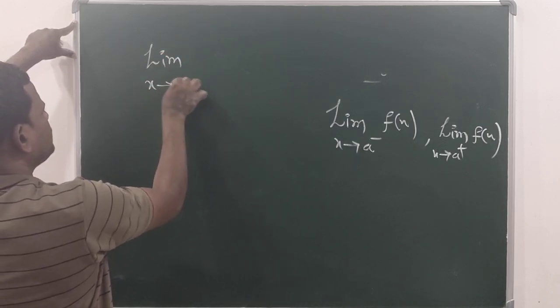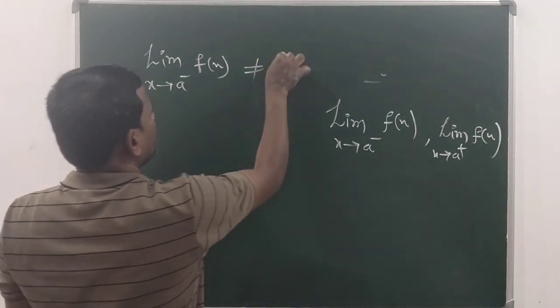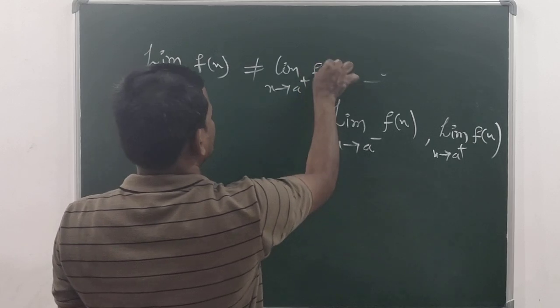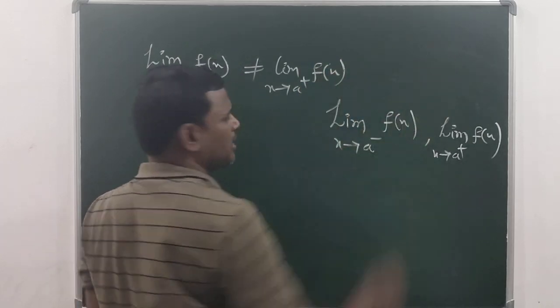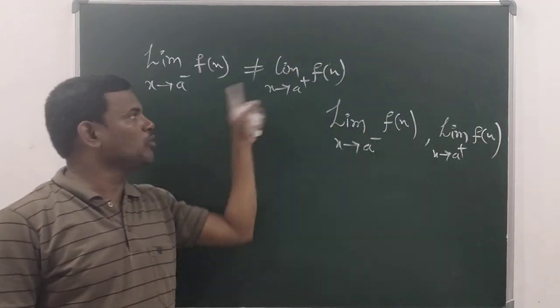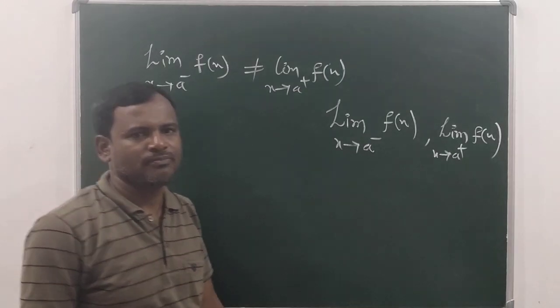Limit x approaches a minus f of x is not equal to limit x approaches a plus f of x. Sorry, both are defined but both are not equal in the finite discontinuity.